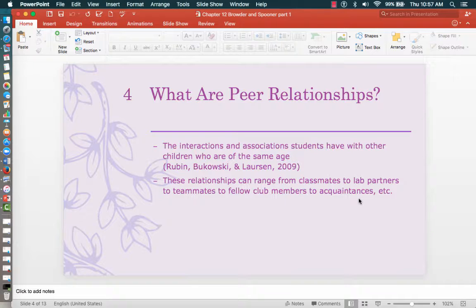Usually they go up one grade or down one grade, but they usually don't have friends too far away from them in age group. They range from classmates to lab partners to teammates to neighborhood associations, different people that they know. They may not always be in the same class, but they know who they are and they're friends with them.